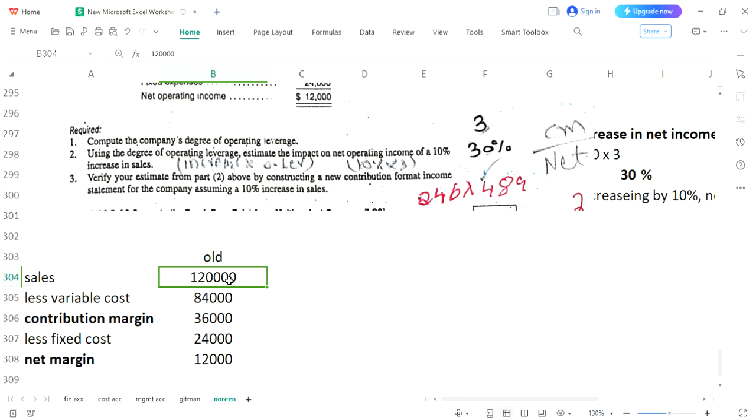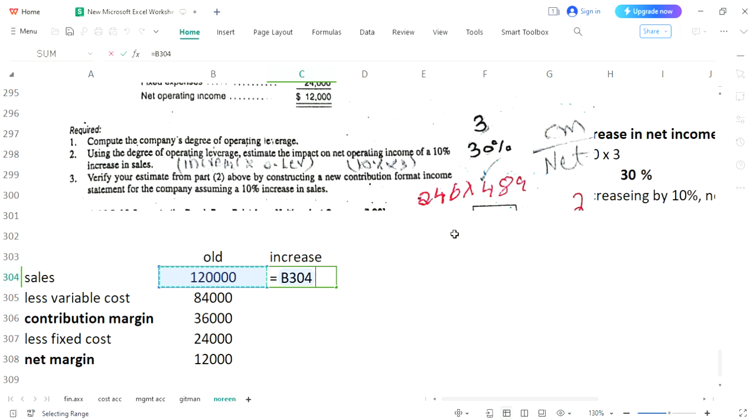Old sales was 1,20,000. Here you will calculate your increase. How much increase is asked us to do? Sale old was 120,000 and increase is 10%. Take its 10%. 10% of what? 1,20,000. And how will you take 10%?